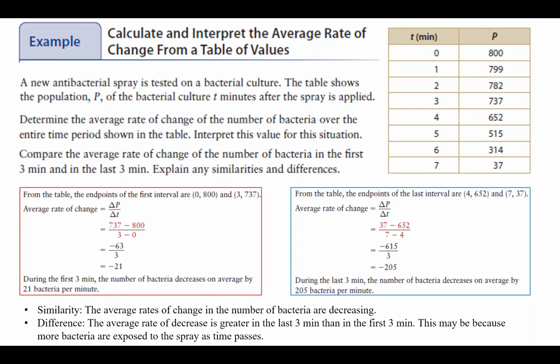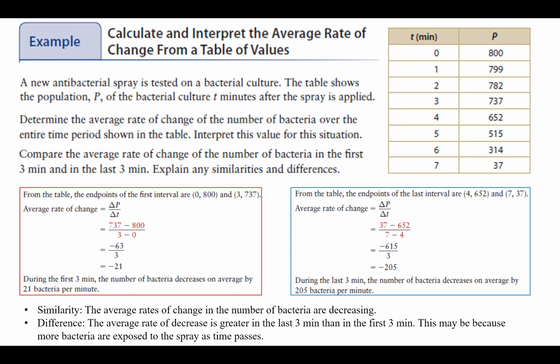21 bacteria per minute. Then let's check the solution on the right. That gives you the average rate of change of the last 3 minutes. So in the last 3 minutes, we have 2 endpoints, (4, 652) and (7, 637).